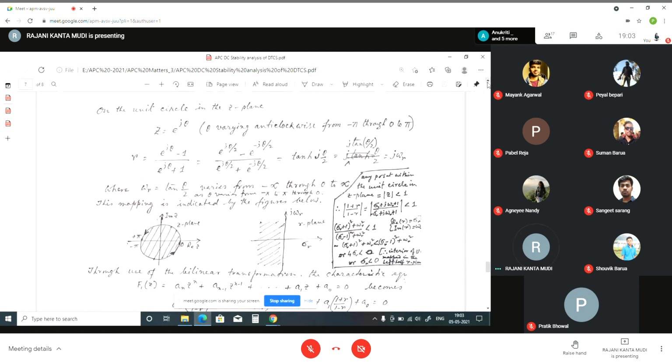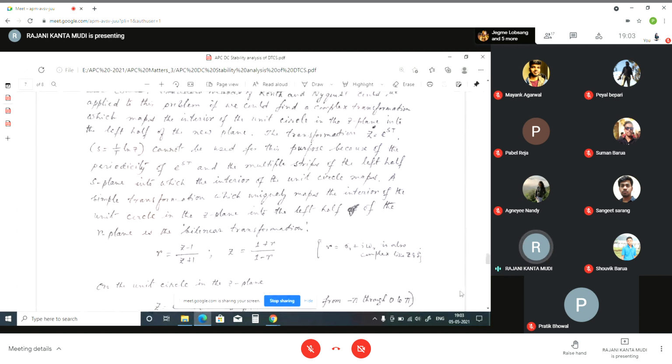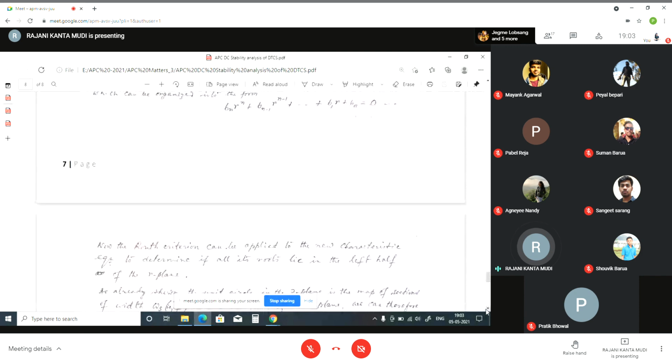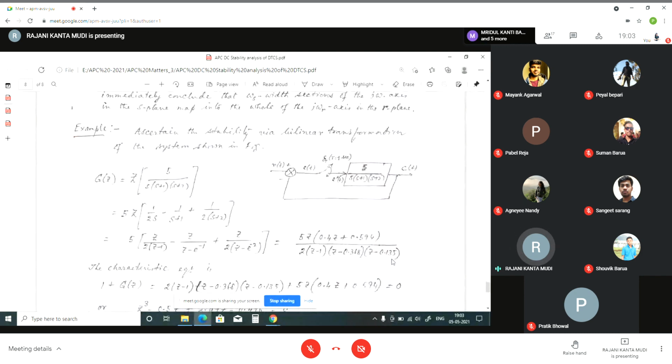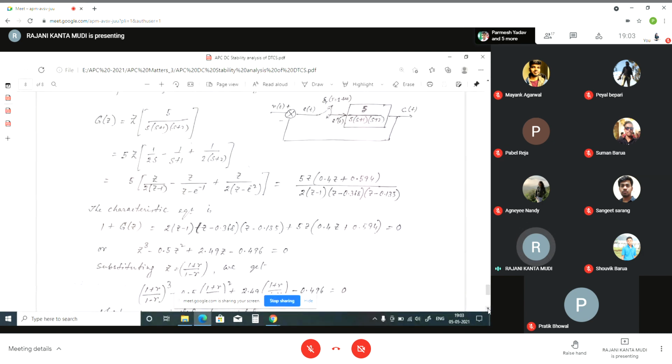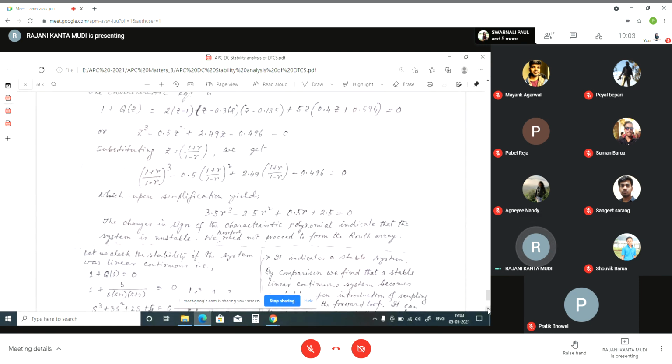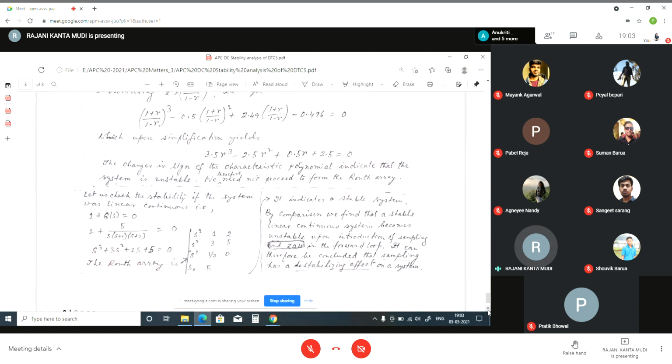Then first find the characteristic equation of the discrete time system, replace the z value with the expression of the new complex variable, simplify it, find the characteristic polynomial in the new complex variable, and then apply the Routh-Hurwitz criteria. The decision will be the same as in the Routh-Hurwitz criteria.